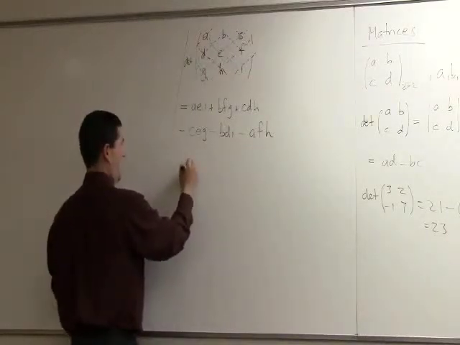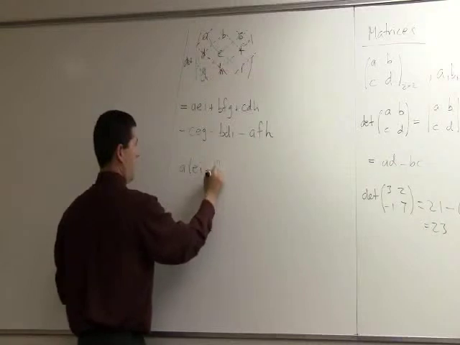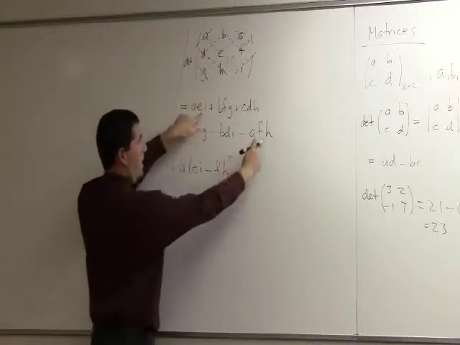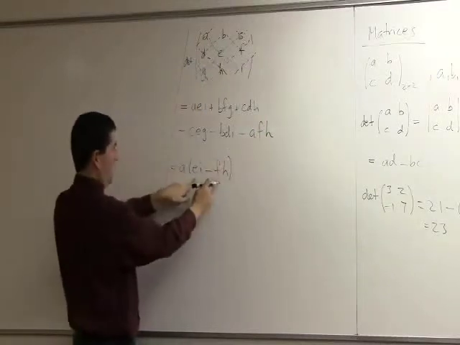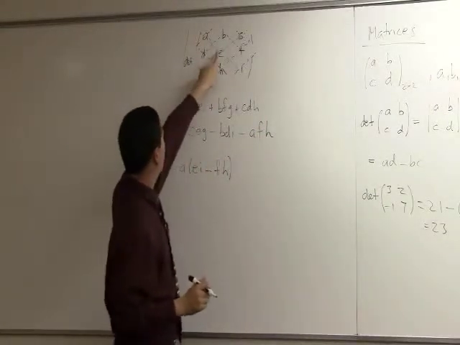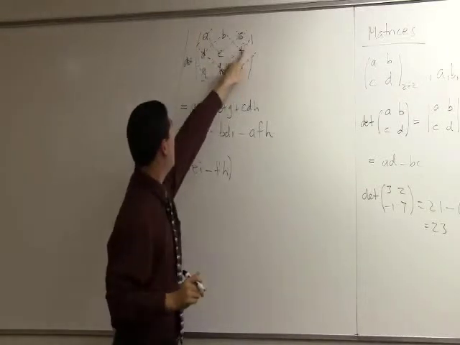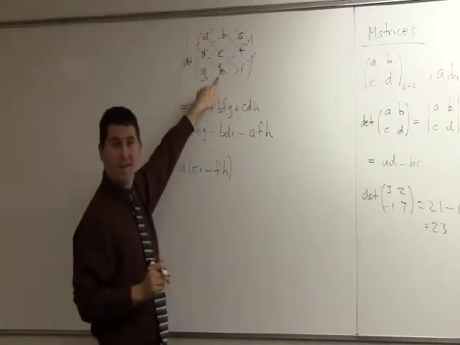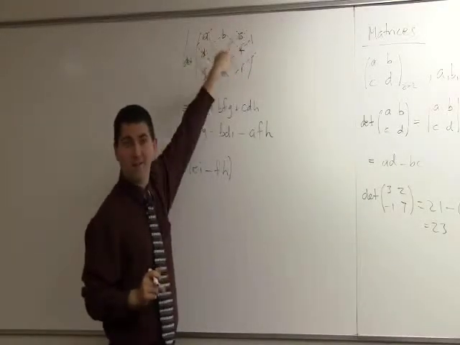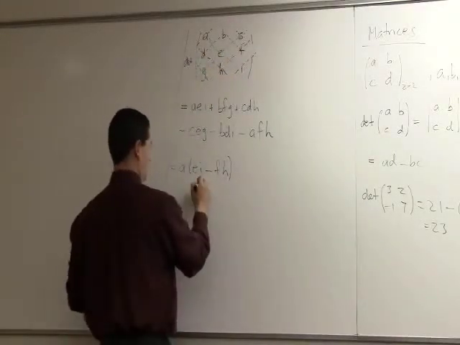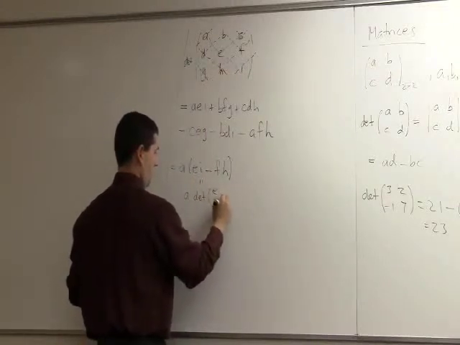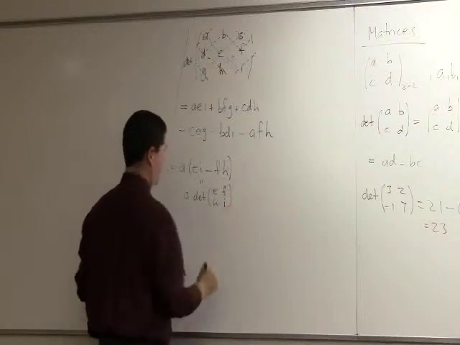So I could write A times EI minus FH. Now, what is EI minus FH? Well, look here, EI, FH. This is just the determinant of that little 2 by 2 submatrix. Okay? This is A times the determinant of that matrix.